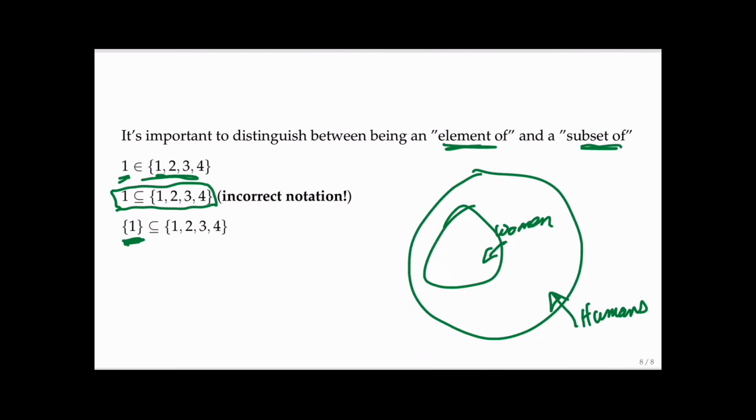Now, the set of women is a subset of the set of all humans, but of course the set of women is not an element of the set of humans, because the set of women is not itself a woman. So that wouldn't be an element of the set of all humans. Okay, so it's important to distinguish between element of and subset of.